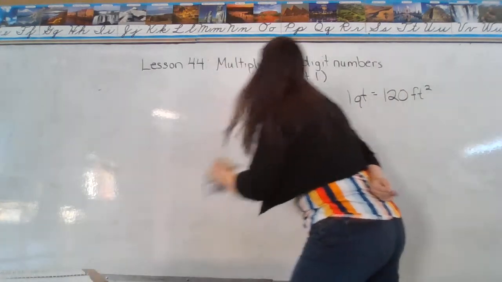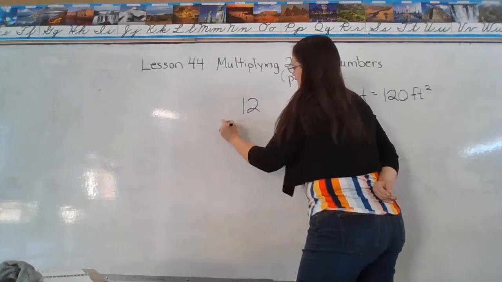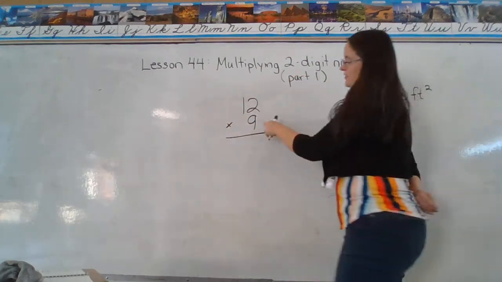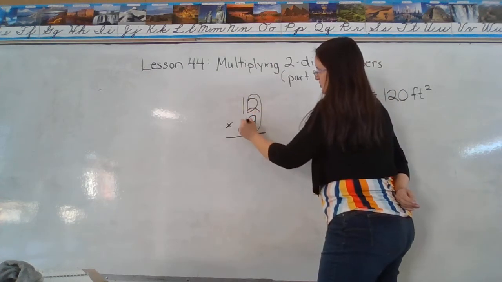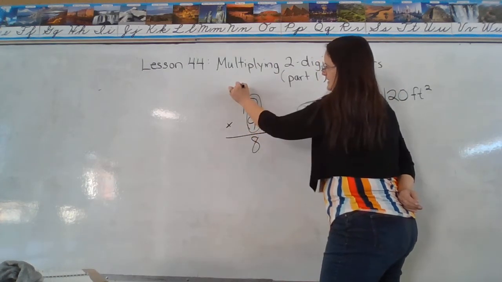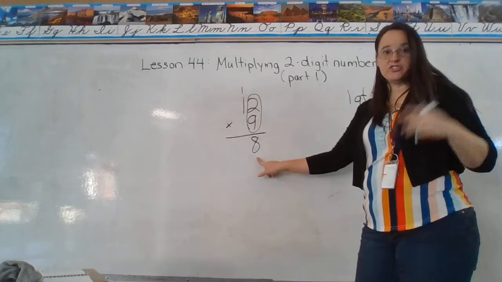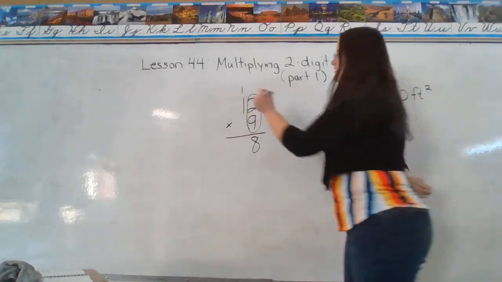12 times 9, you might know your 12 stacks and be able to do that in your head. I kind of hope you can, but just in case, we're going to do this the new way that I've shown you. So 9 times 2 is 18, and we haven't seen this before. If we get a 2-digit number, just like addition, we carry the 1. But here's what I want you to write.